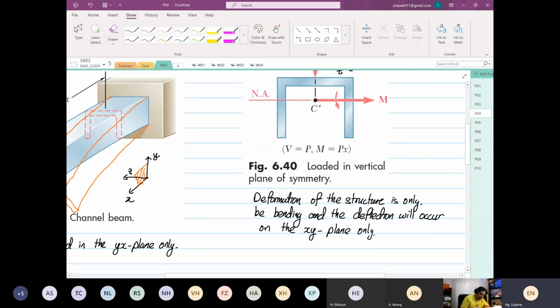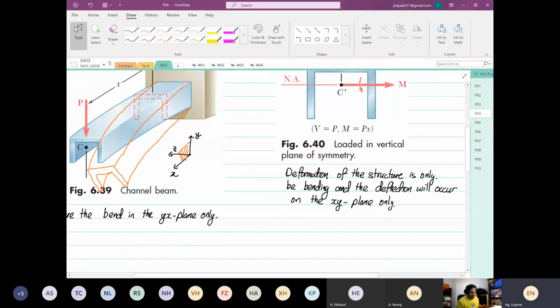Okay. So most of the structures we analyze up to now will deflect on one single plane only.